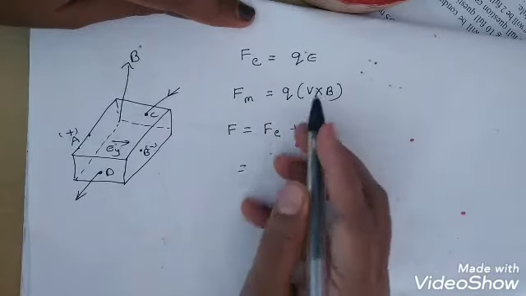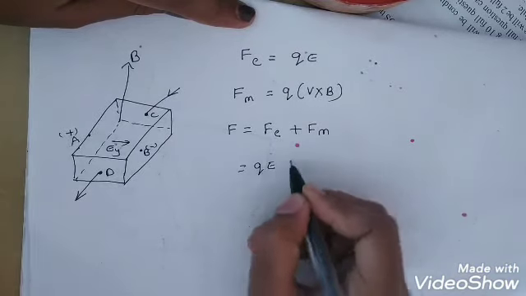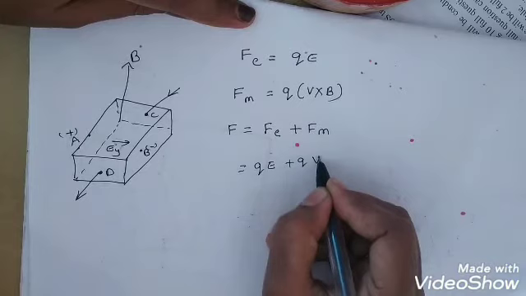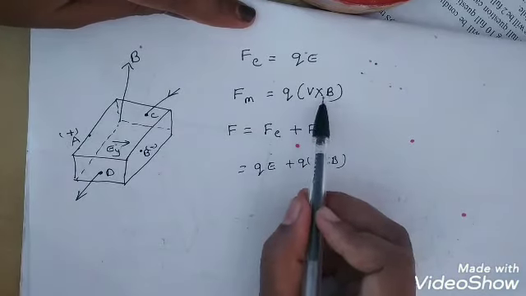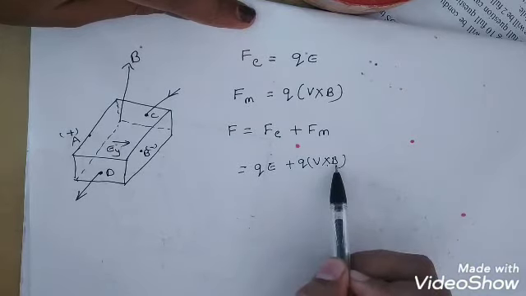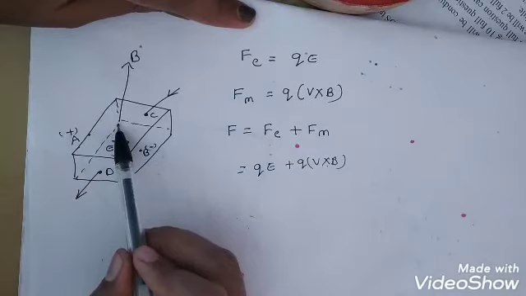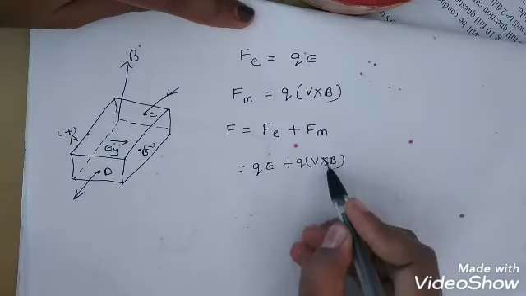If we put those two values in this equation, then it will go as follows: plus Q V cross B. We cannot write it as VB, it's a cross product, so we have to consider V cross B. As we are dealing with a magnetic field, we are considering the vector diagram, so we need to put a cross mark over here.